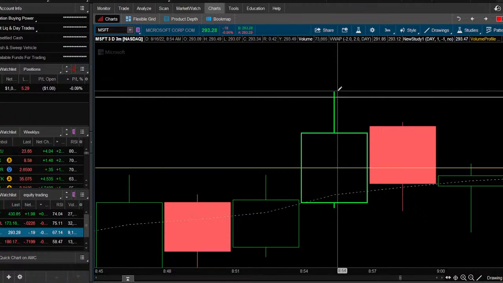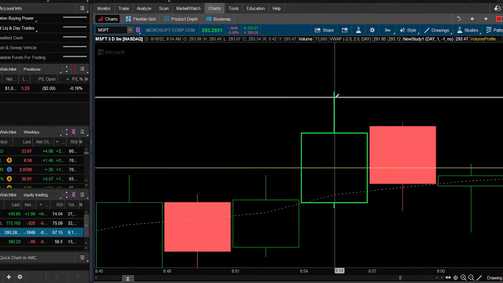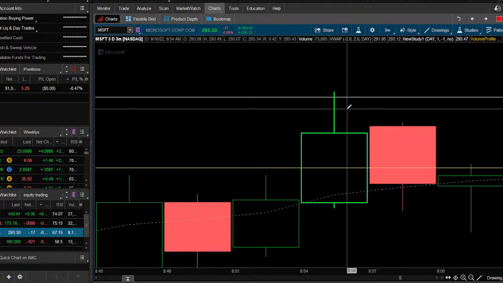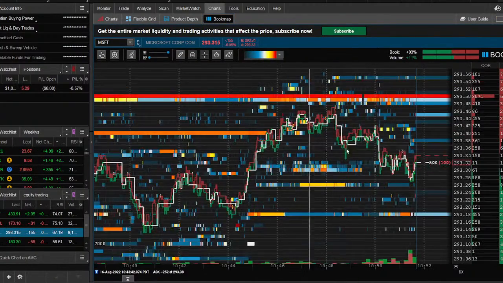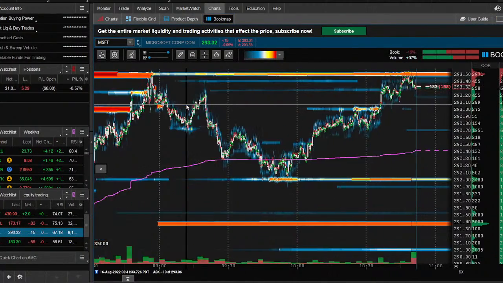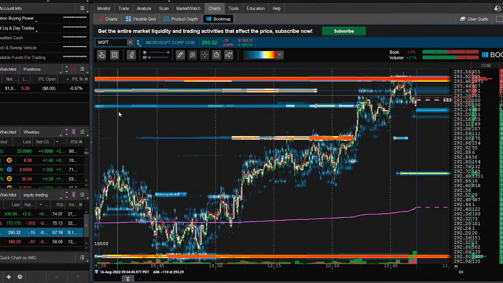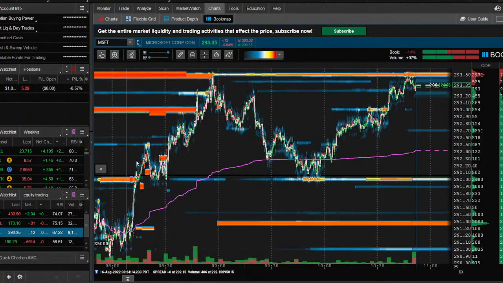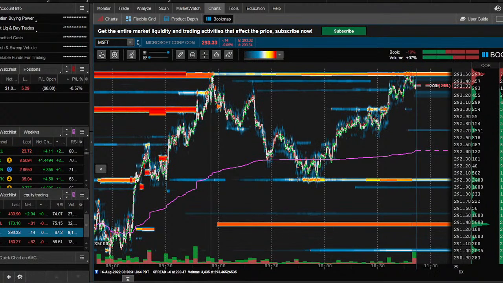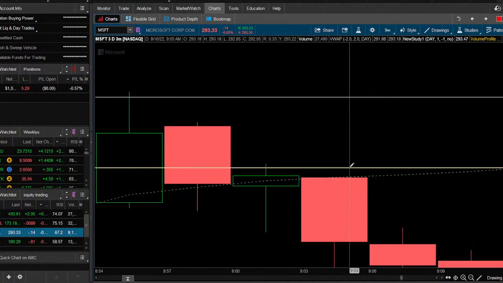Or your cut loss is that heavy that you have to get out right there? No. Look, it touched right there. Once it touched, that was the liquidity that was there. And by the way, this is Microsoft that we're looking at. Touched that liquidity and it came right back down.